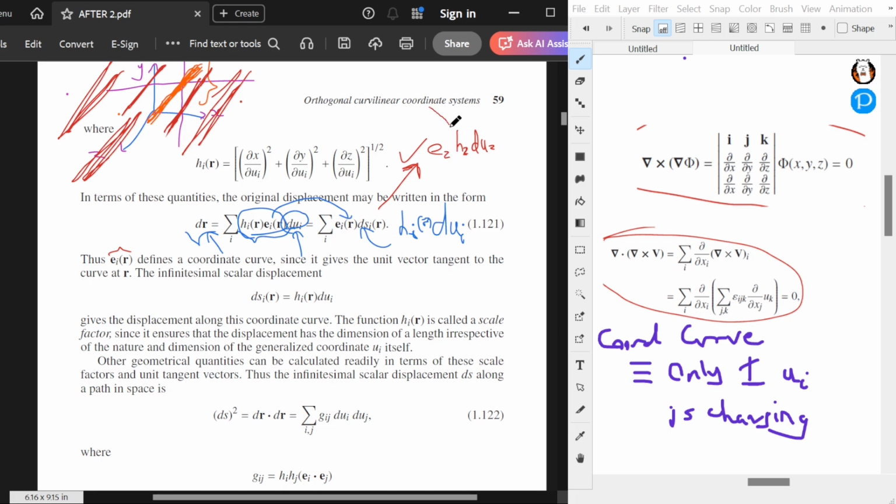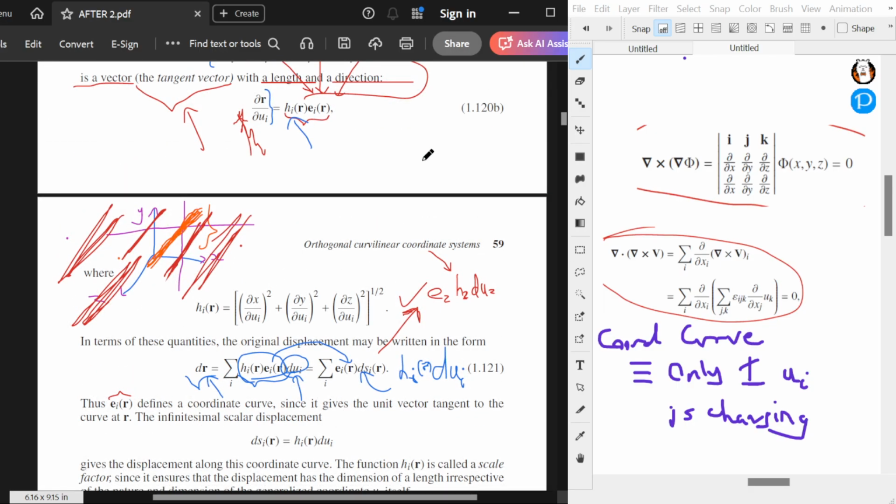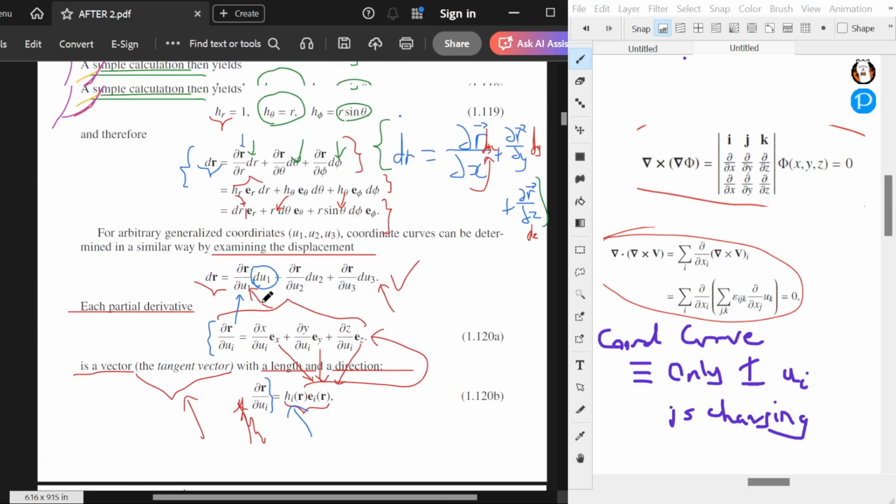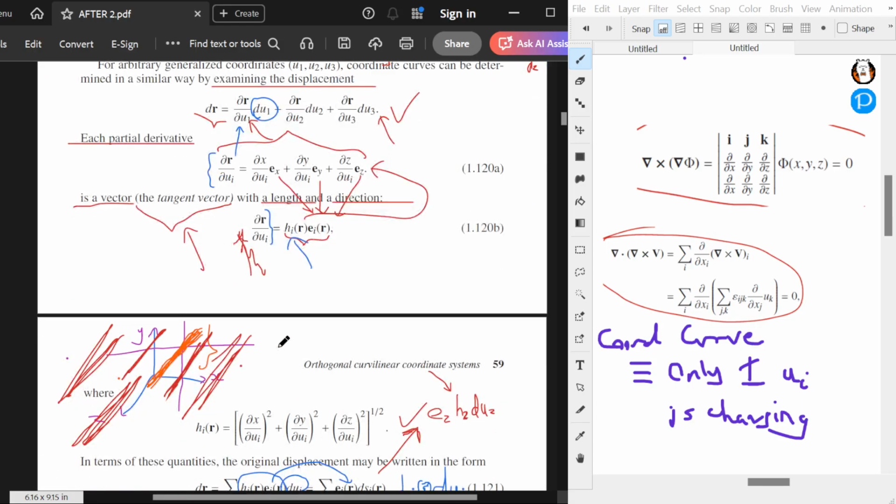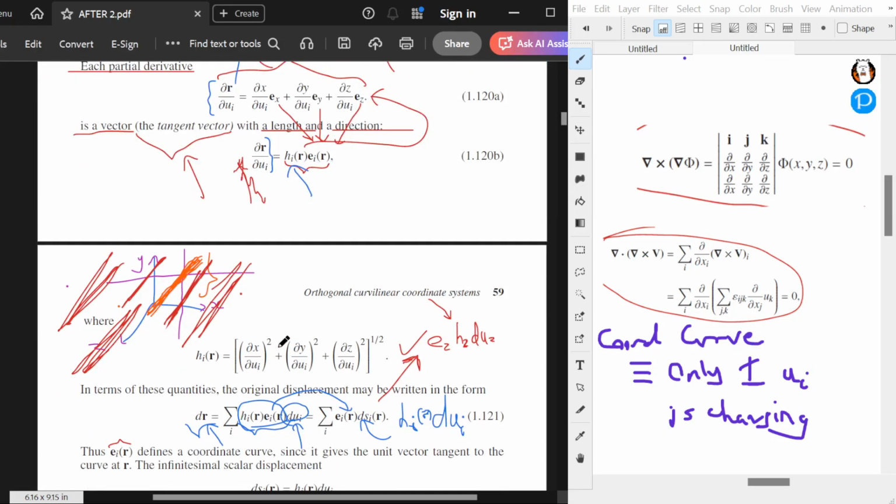Well, h_i still deals with partials, and there's, okay, I don't know, this is just in magnitude.